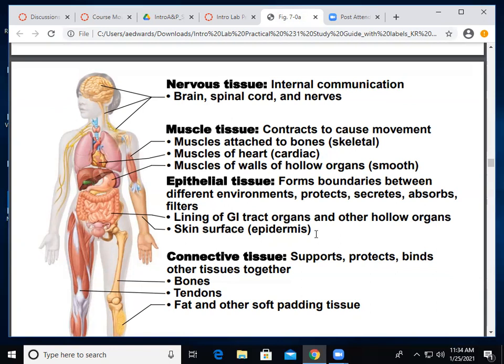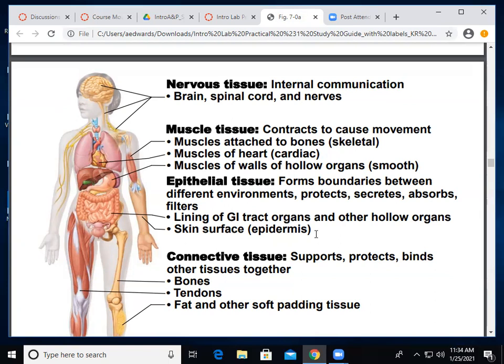So I just want to be clear. If I ask you what kind of muscle is in your blood vessels, you say smooth muscle. If I ask you what kind of muscle tissue is in your heart, you say cardiac muscle tissue. Right? Cardiac muscle is only found in the heart.